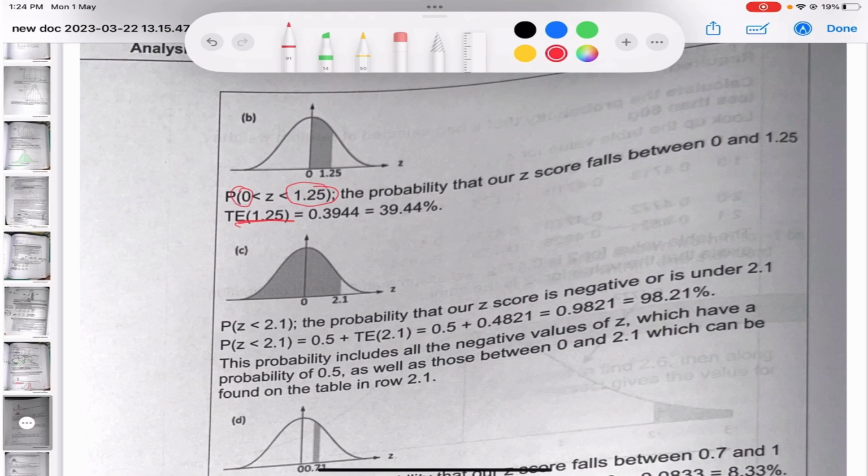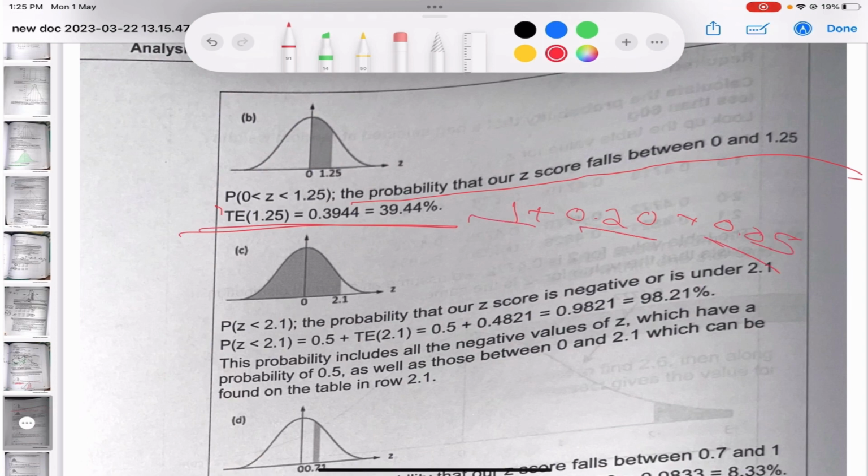Okay, so how are you going to do this when you're given a question like this? First, you are going to find the probability that z falls between 0 and 1.25. So this is going to be 1 plus 0.2, 0 plus 0.25, 0.05.